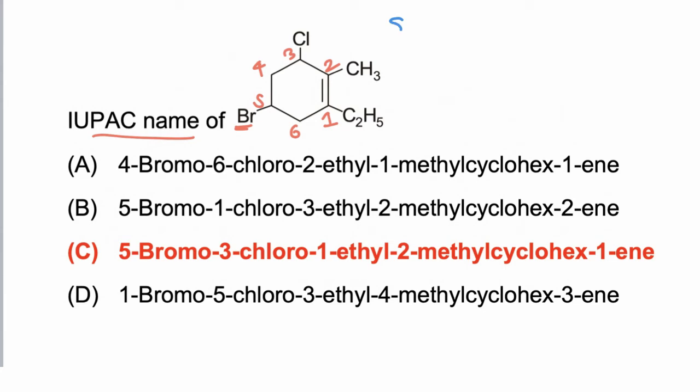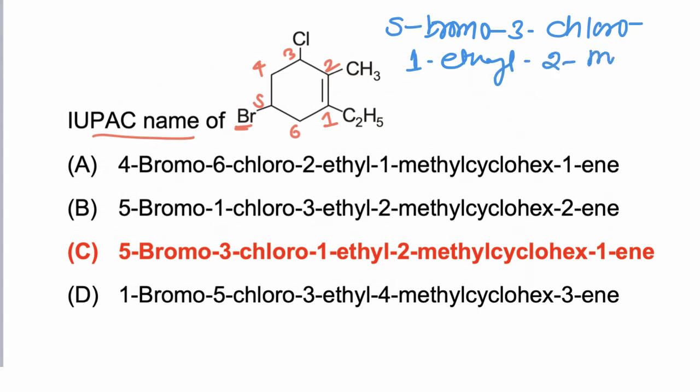So 5-bromo, 3-chloro, 1-ethyl, 2-methyl. Since 6 carbon atoms are present in the ring, it is cyclohexene or cyclohex-1-ene. So the correct answer is C.